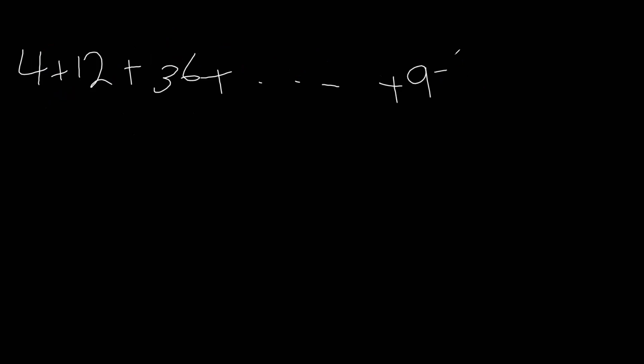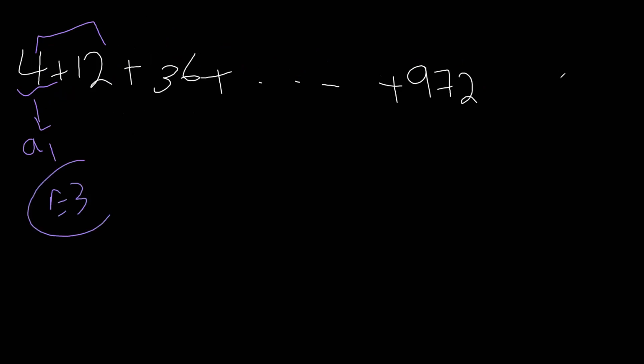Okay, now 4 plus 12 plus 36 plus until 972. Here now, from this one, I know that this is the first term. And if I divide 12 by 4, I will get r equal 3 and a1 equal 4.